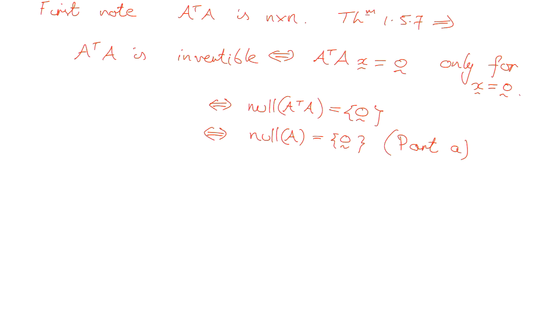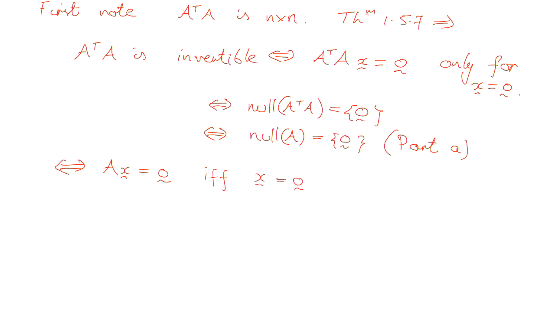Now, what does the null space of A actually mean? Well, this means that AX equals 0 if and only if X is 0, right?